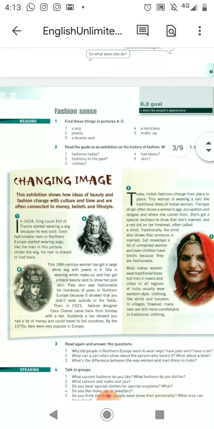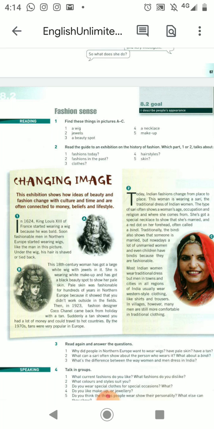Look, picture letter A is a wig. A wig is something that people used to put on the head, like not real hair. That is a wig. Number 1 is also in letter B. Yeah, that's a wig also. Number 2 is jewels.